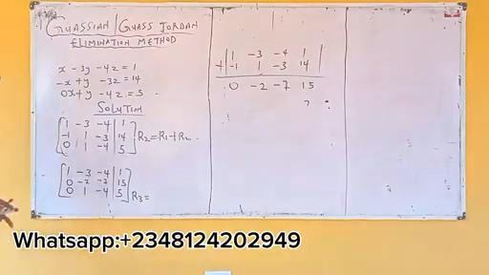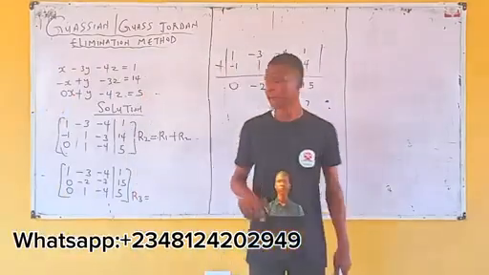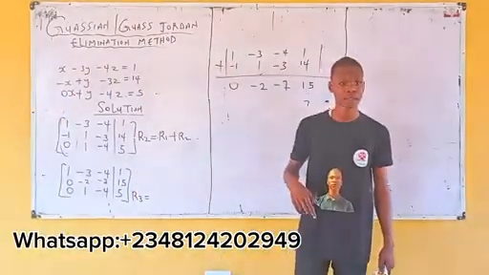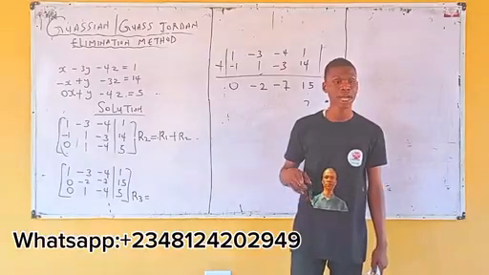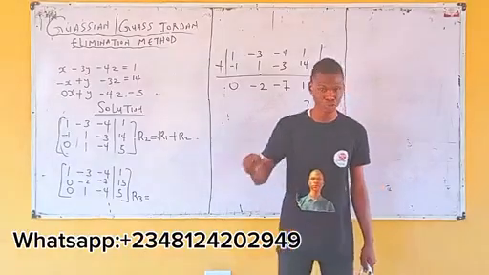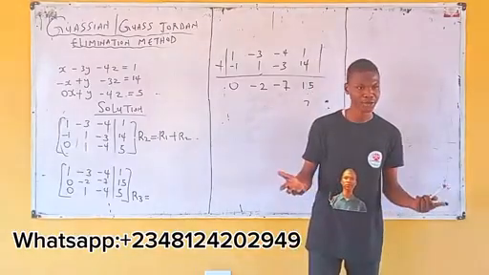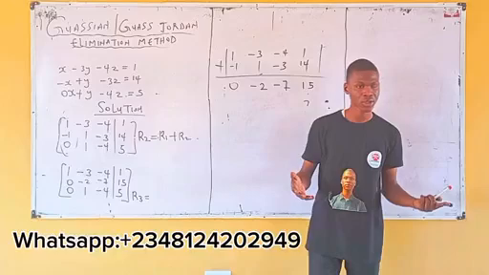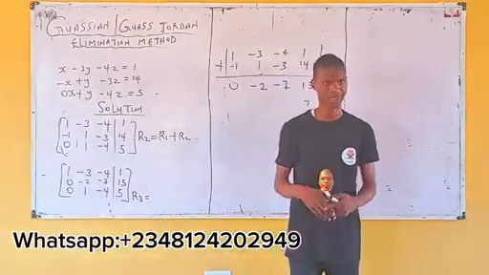Row 2 minus 2 row 3. Okay, row 2 minus 2 row 3.